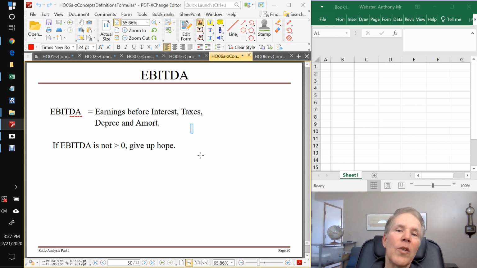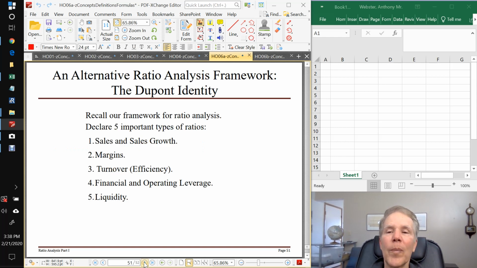And if there's no depreciation, it just means you don't have any PPE, so it's not wearing out. So if your EBITDA, if your earnings before we pay interest or taxes or register our depreciation or amortization, if that's not greater than zero, you really just give up.